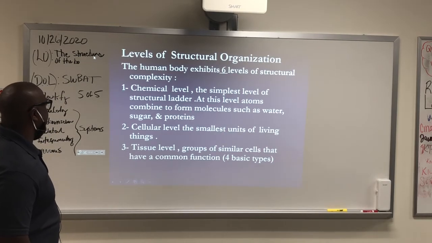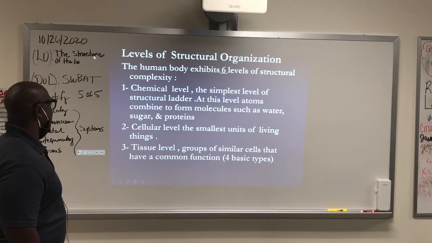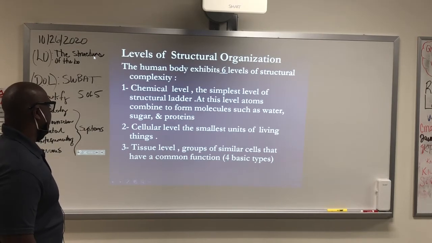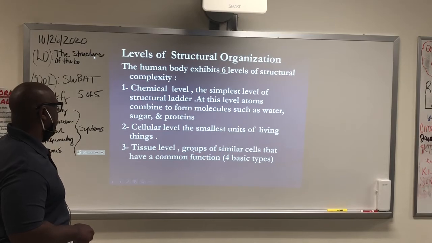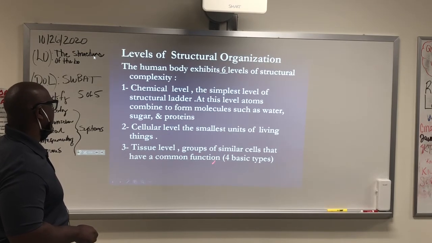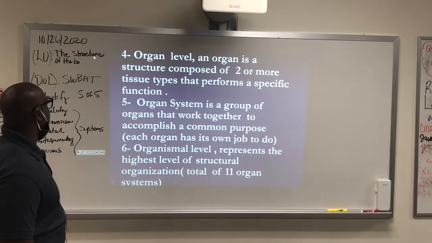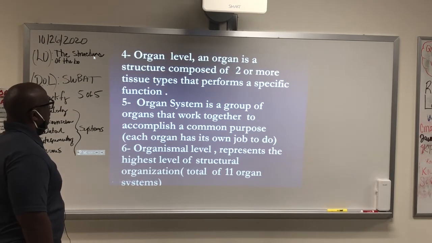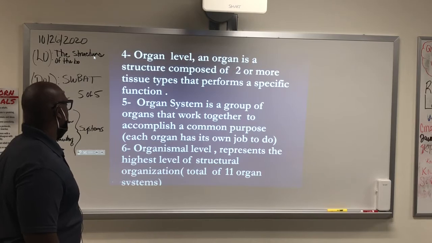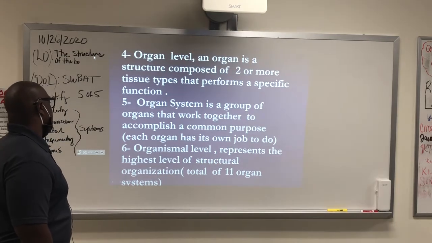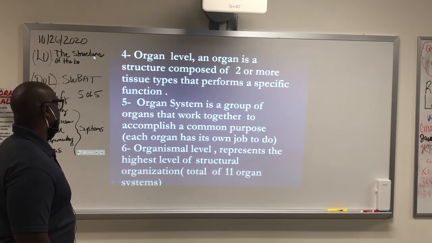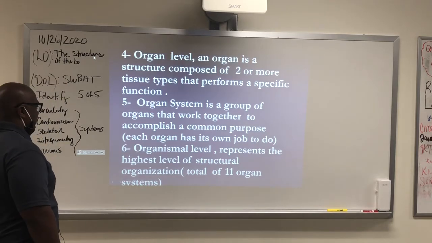All right. Chemical level, cellular level, tissue level. All these little details: groups of similar cells that have a common function, 4 basic types. Organ level, organ system, organismal level.